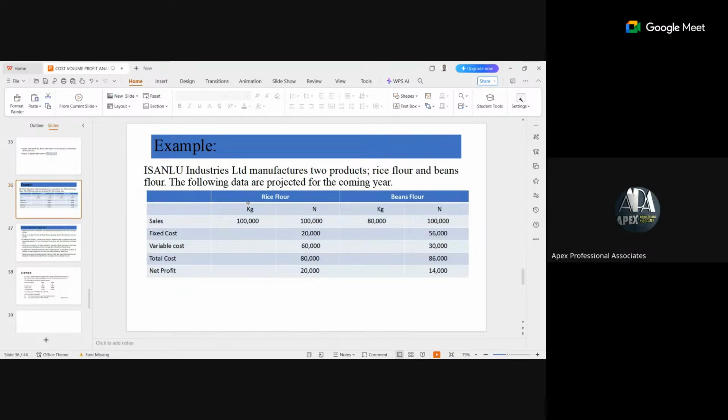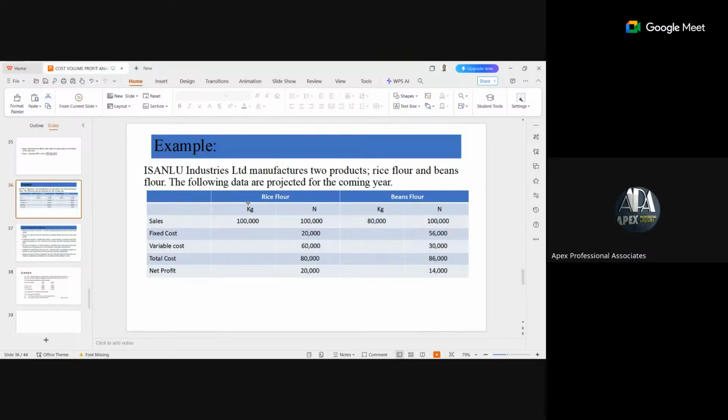Then we have fixed cost. You can see different fixed costs now. It means for you to produce rice flour, you incur the fixed cost of what? 20,000 Naira. Beans flour, 56,000 Naira. The variable costs for rice flour is 60,000, and for beans flour is 30,000 Naira.